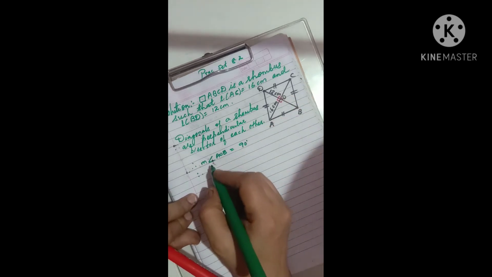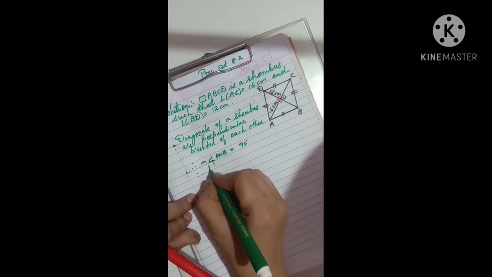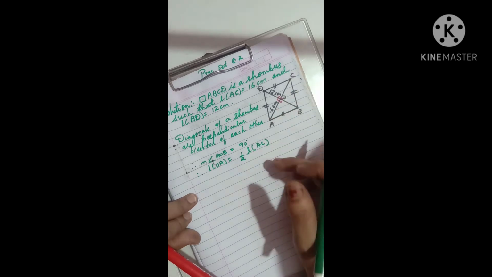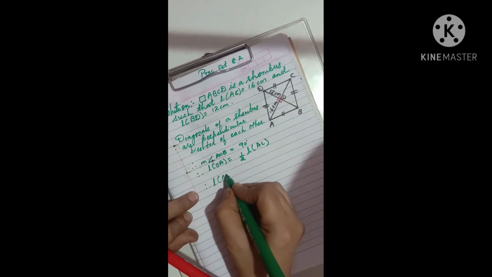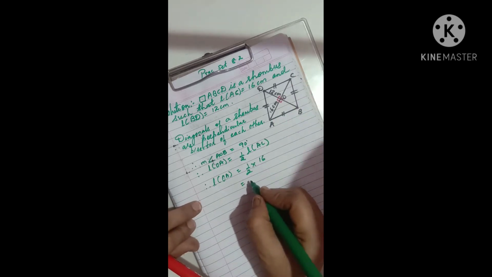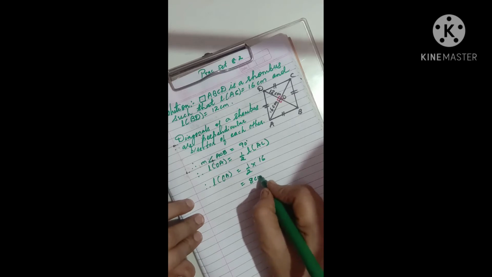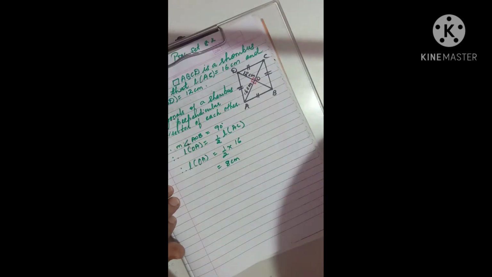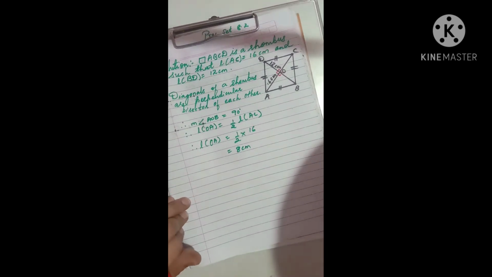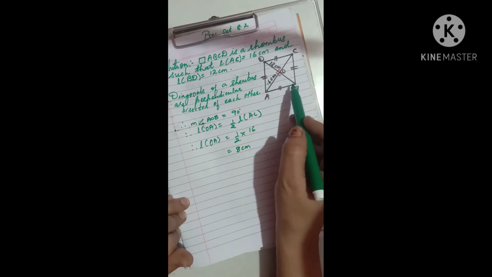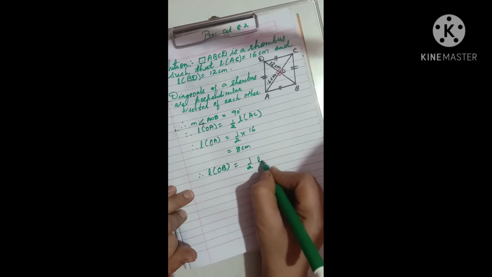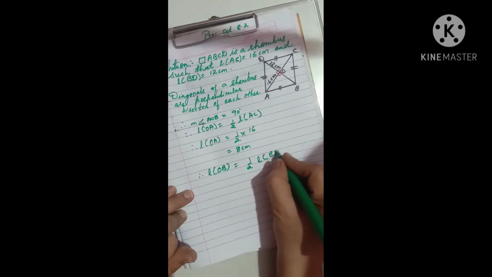Now you can see length of AO will be half the length of AC. So therefore length of OA is equal to half into 16, that is equal to 8 centimeter. Similarly, length of OB is equal to half of length of BD.